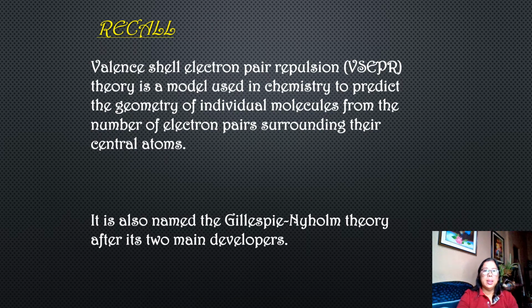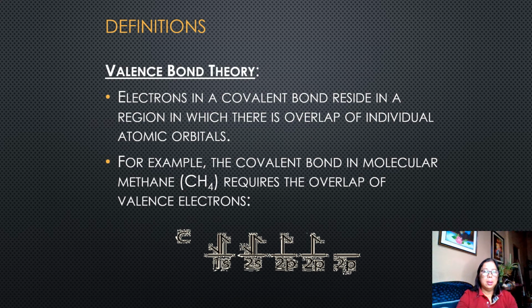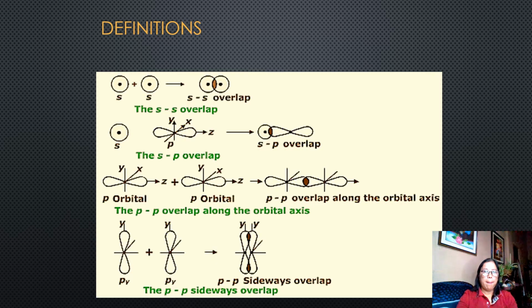Here you have an assignment to review: valence shell electron pair repulsion, or VSEPR, or sometimes we read it as VSEPR. Okay. This is your 1s1, 1s1.